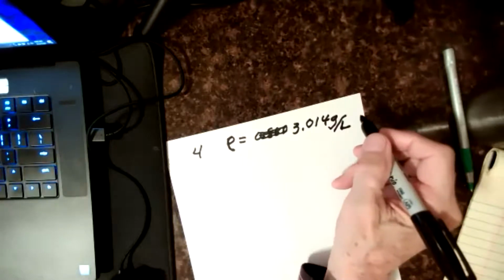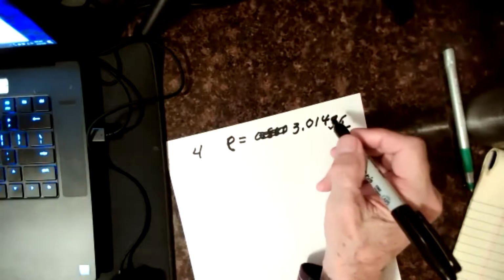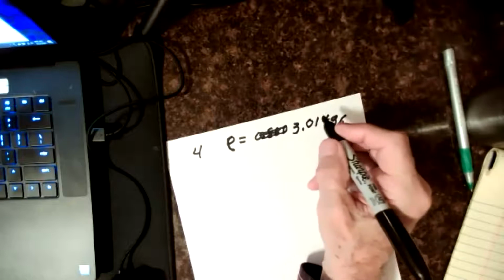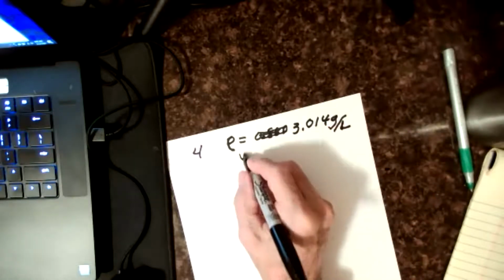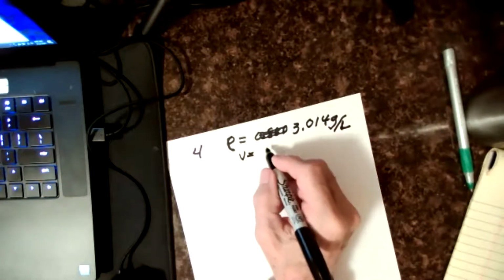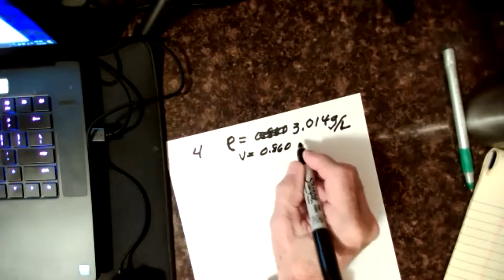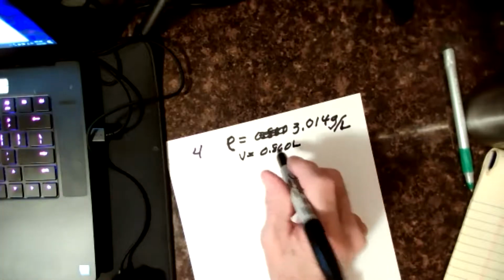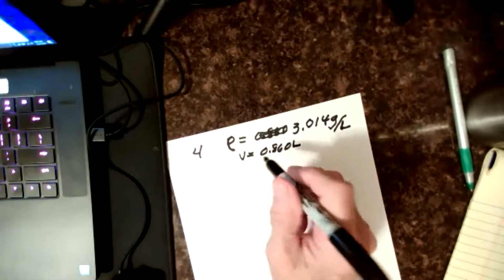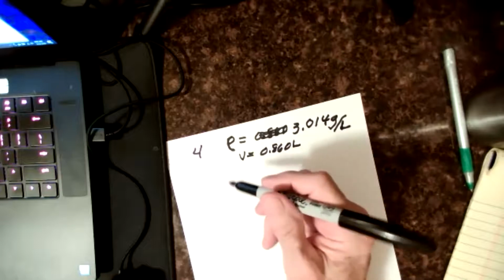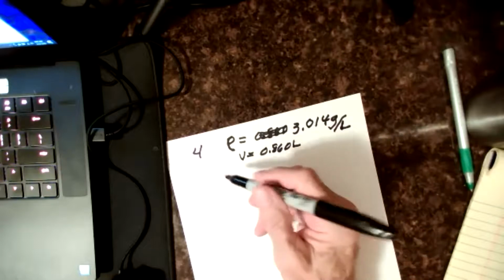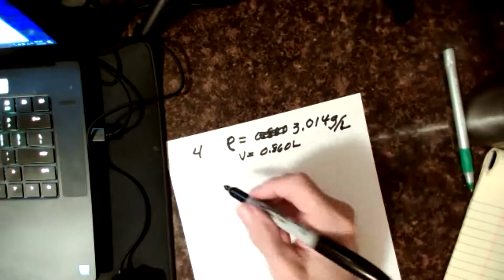Now, it says the volume of this sample is 0.860 liters. But that's kind of a red herring. You don't need it; the density of a liter or the density of a milliliter is all the same. So it doesn't matter that the sample size is that. You could use that, but I'm not going to.